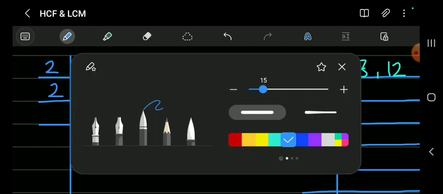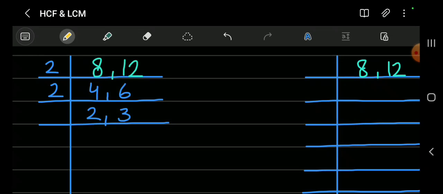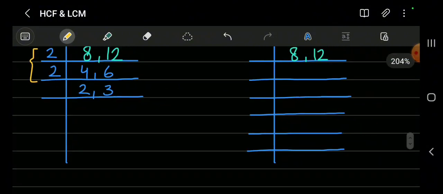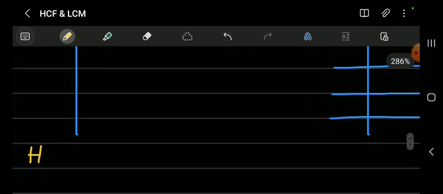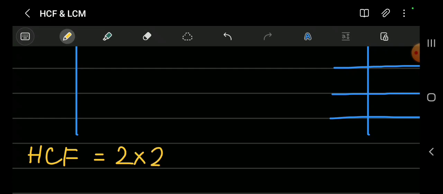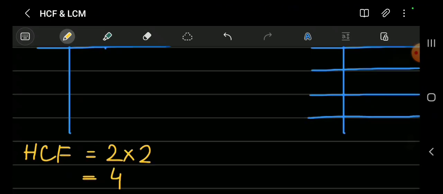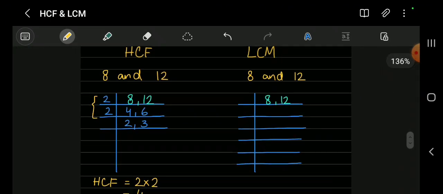These are the only common factors because only these two divide both 8 and 12. So your HCF would be the product of all the common factors, 2 times 2, and that is 4. Okay, highest common factor is 4.